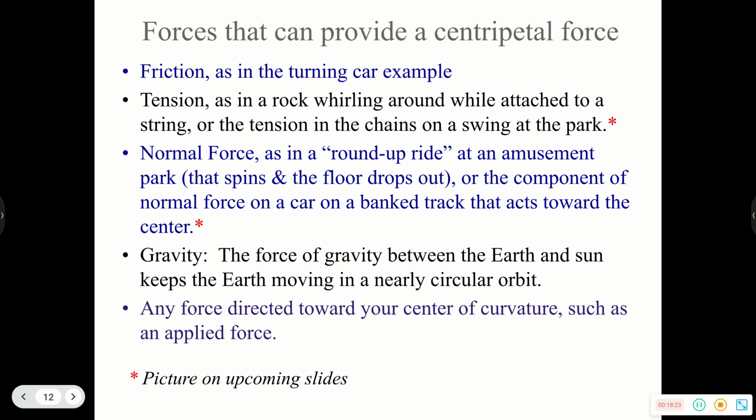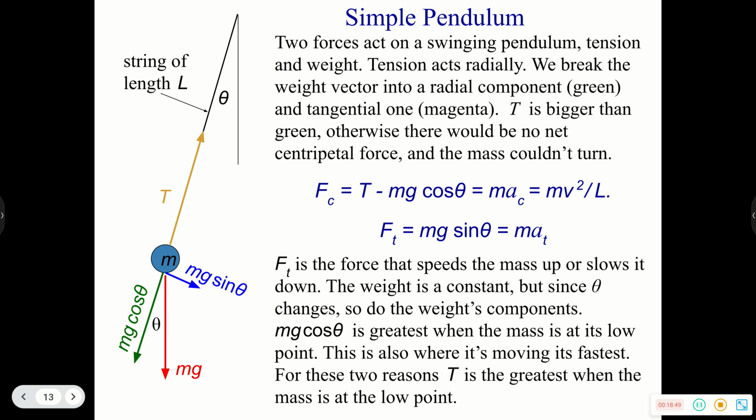Gravity pulls us to the central part of the earth. That's what keeps us on the earth. And the force of gravity between the earth and the sun keeps the earth moving in a nearly circular orbit. And any other force that is directed towards the center of curvature, such as an applied force, can also be a centripetal force. Okay, we're going to stop there.